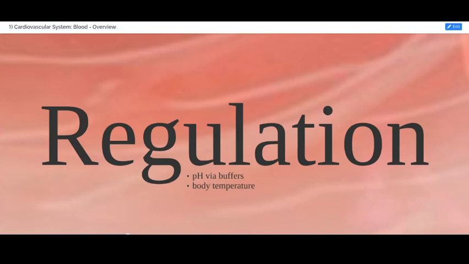And what buffers do is they help to keep pH in the normal range, close to 7. It's about 7.35 in blood. And so, for example, when the blood is getting acidotic, when the pH is dropping, a buffer like bicarbonate will be able to basically bind up the excess hydrogen ions, and clear them out of the blood.